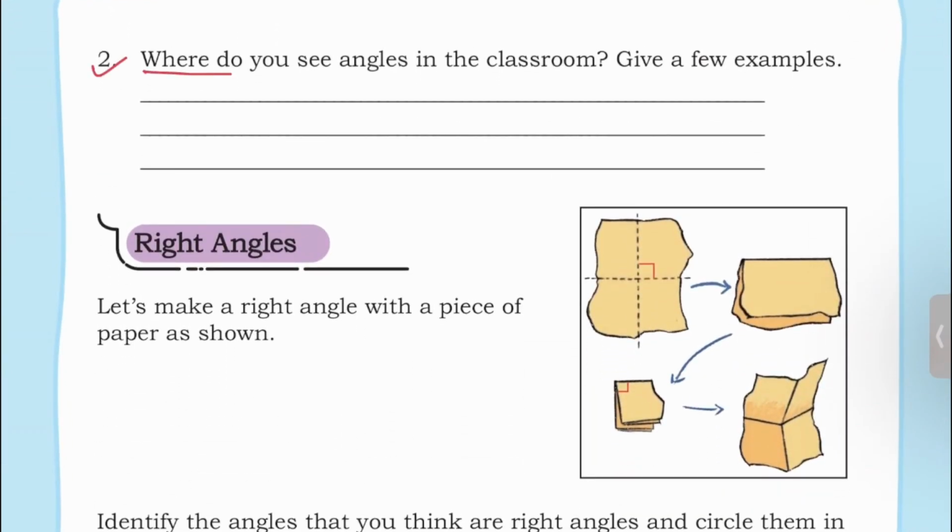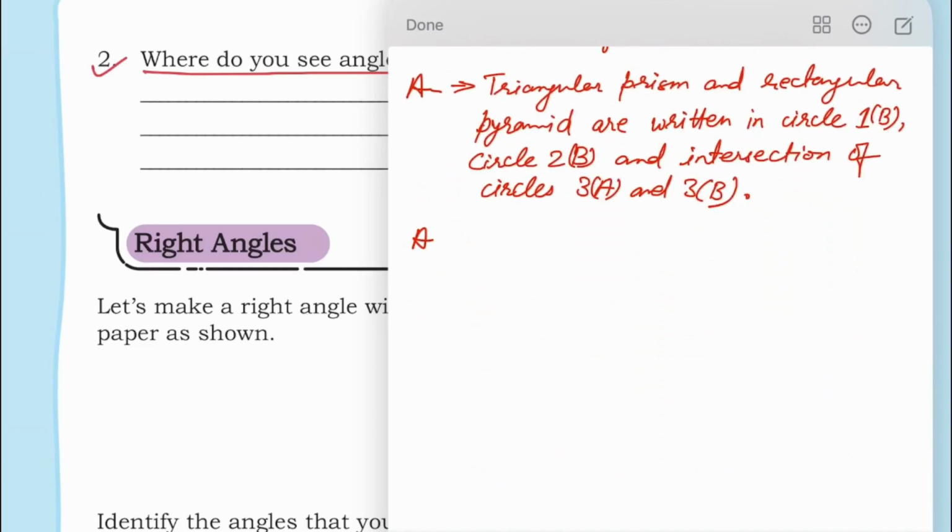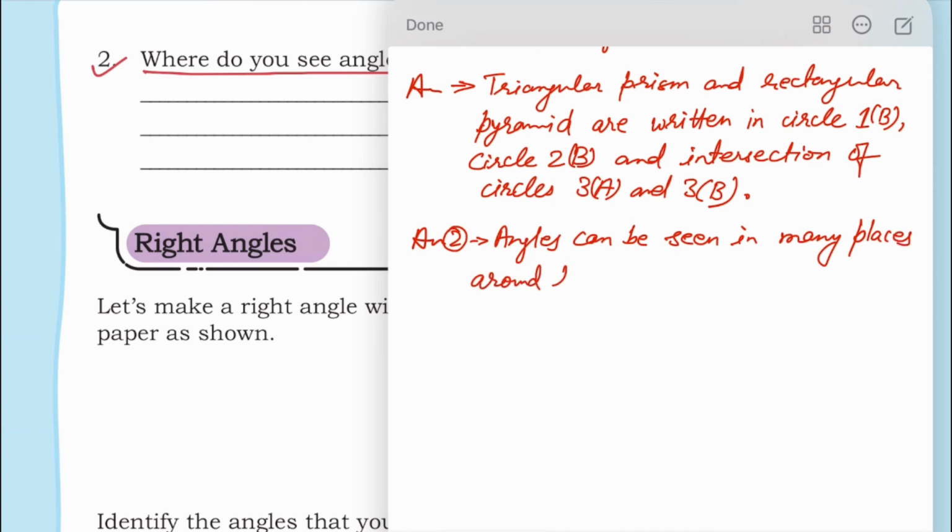2. Where do you see angles in the classroom? Give a few examples. Answer. Angles can be seen in many places around the classroom.